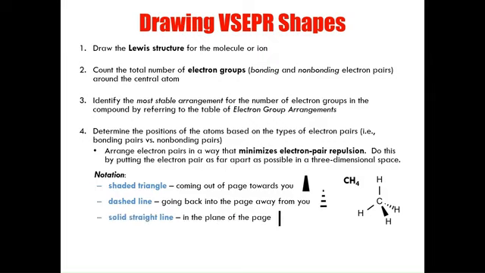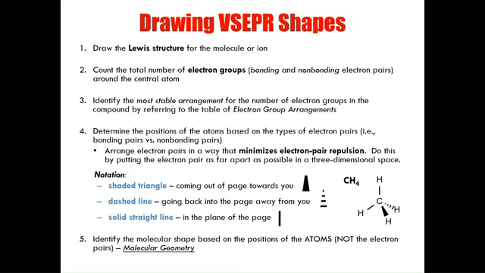And the solid straight line means that the bond is in the plane of the page. And the last rule is to identify the molecular shape based on the positions of the atoms, not the electron pairs. Let's take a closer look at the molecular shapes of compounds with different geometrical electron group arrangements.